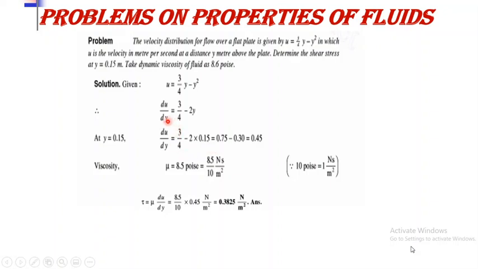So we get the value of du by dy as 0.45 by putting the value of y as 0.15. Then the viscosity is given, it is 8.5 poise. So we have to convert that into SI unit. So divide it by 10 or multiply it by 10 raised to minus 1. So 8.5 by 10, that is Newton second per meter square.